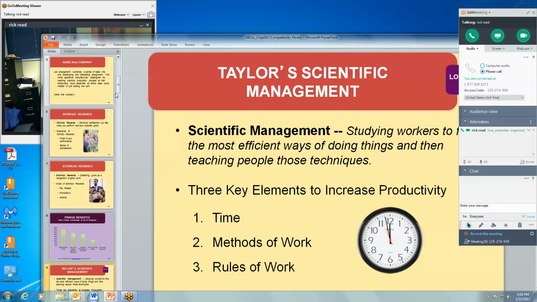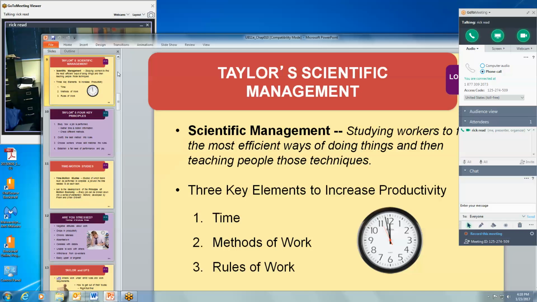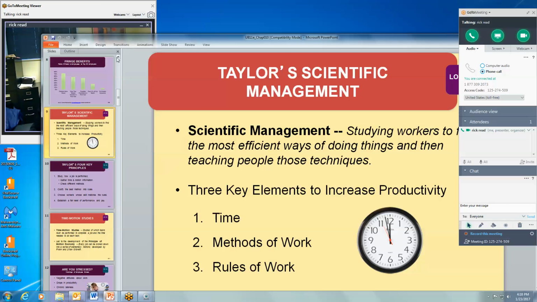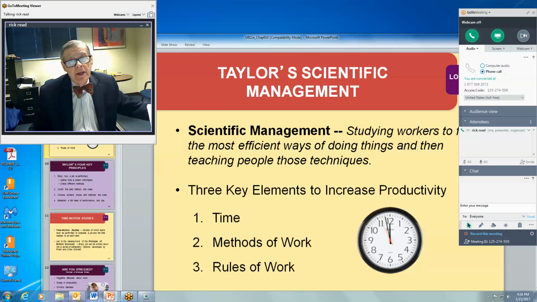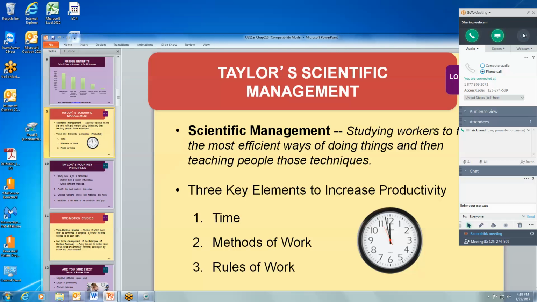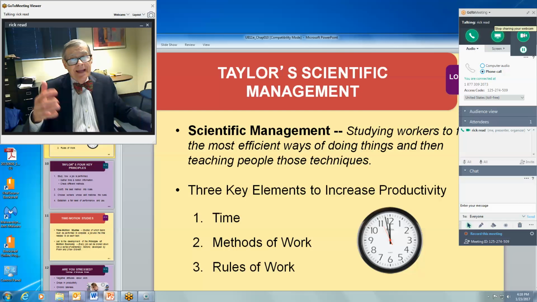Now, the first thing we're going to talk about is Fred Taylor, who is known as the father of scientific management. Fred Taylor is the first one to put a science, if you will, to developing tasks.